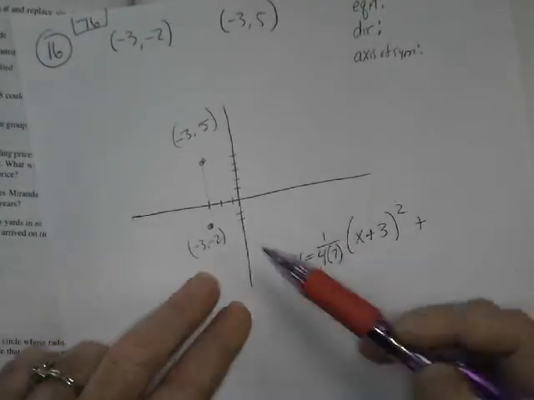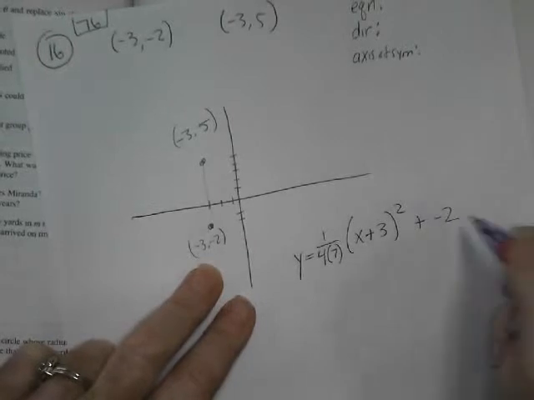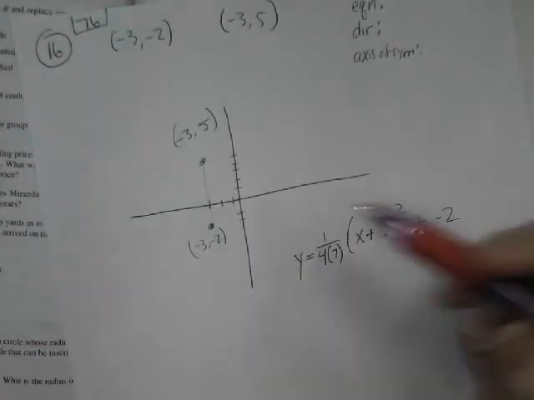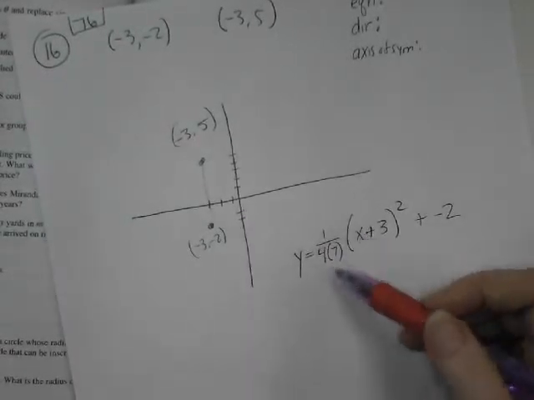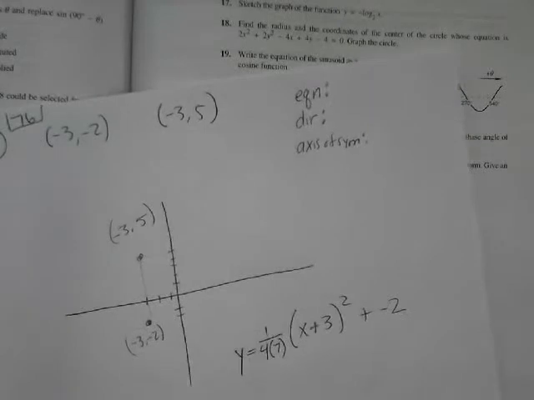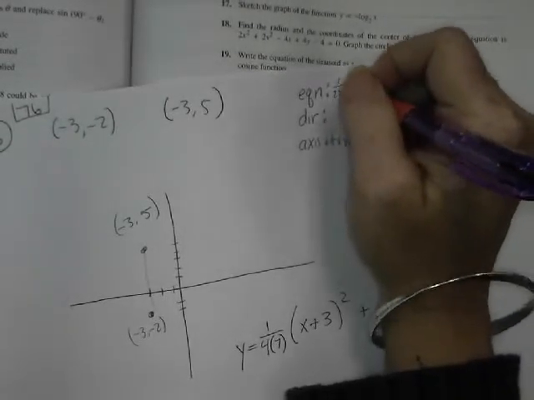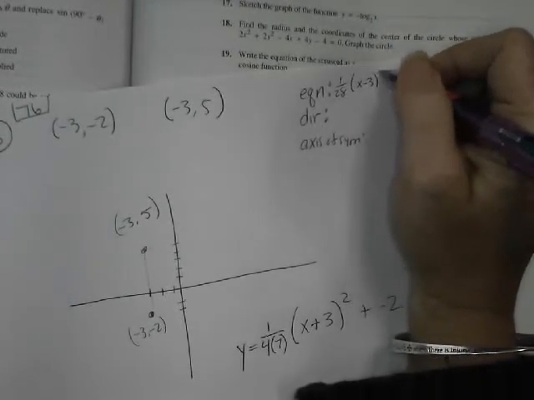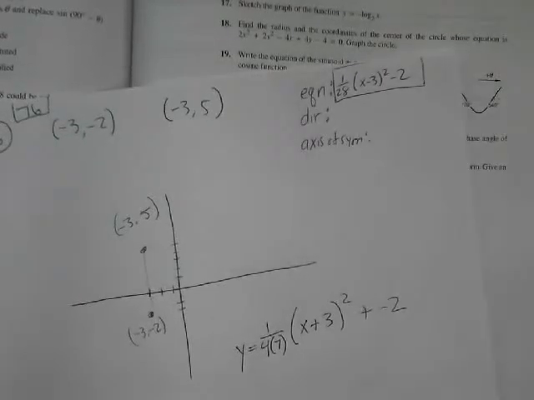And then -2, I shouldn't have put the plus. -2 is k, because that's the y coordinate of the vertex. So I'll write this equation up here: 1/28 times x plus 3 squared minus 2. So that's my equation of the parabola.